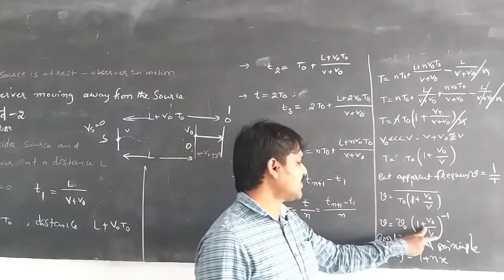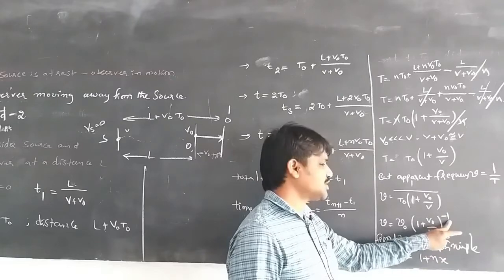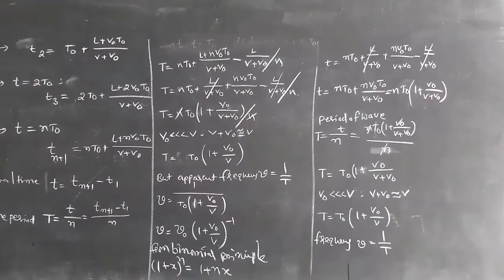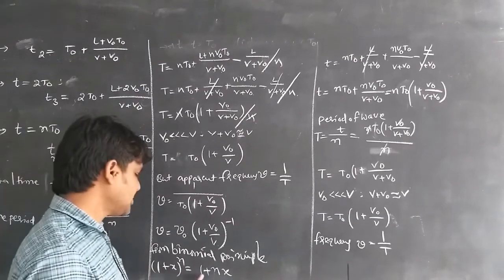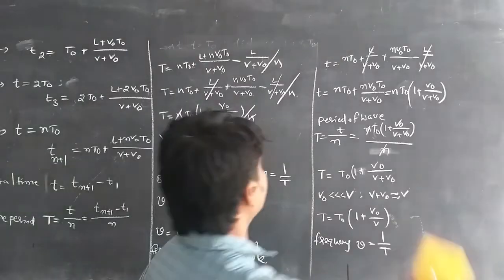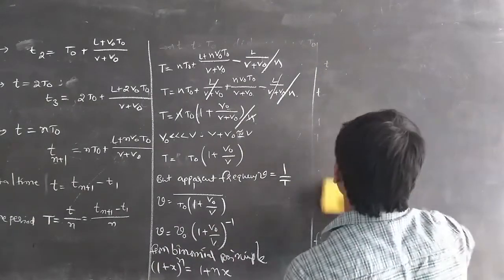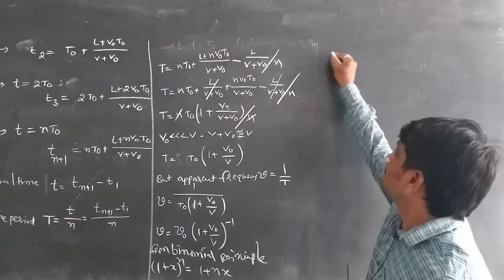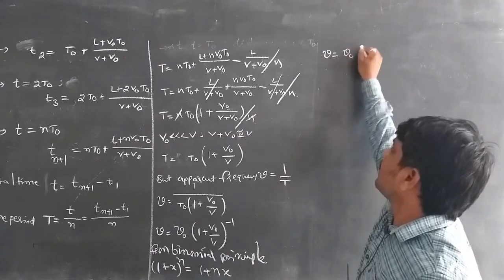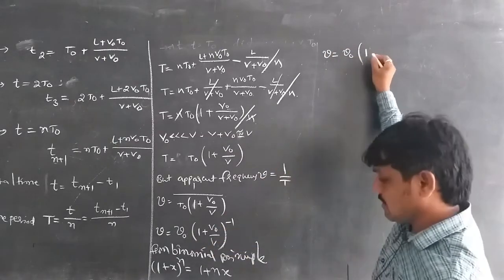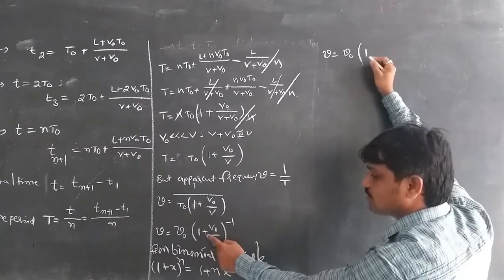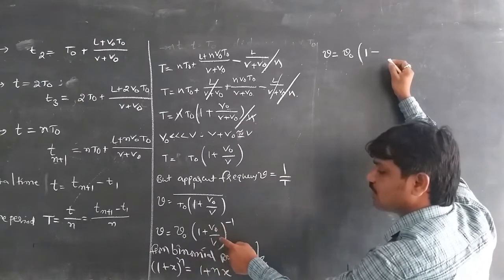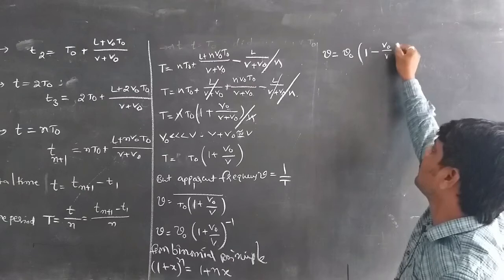If we compare 1 plus V naught by V whole power minus 1 with this, we get nu is equal to nu naught of 1 minus V naught by V, with x as V naught by V.